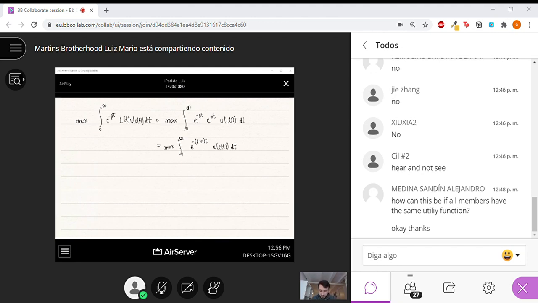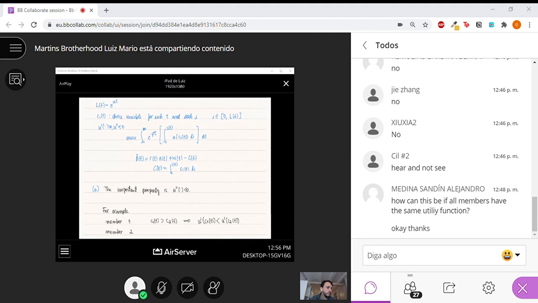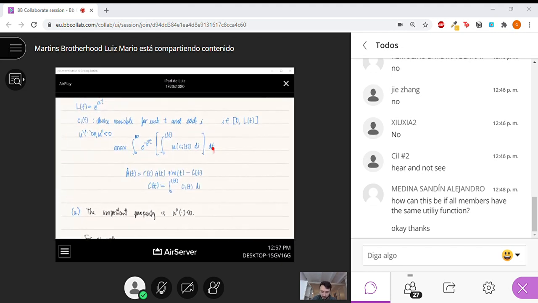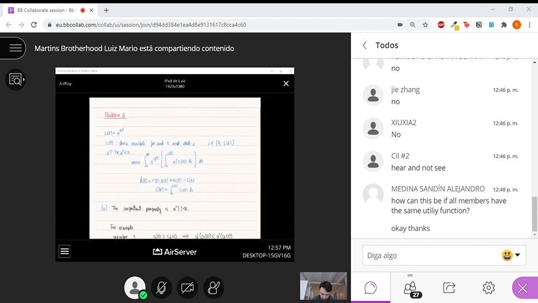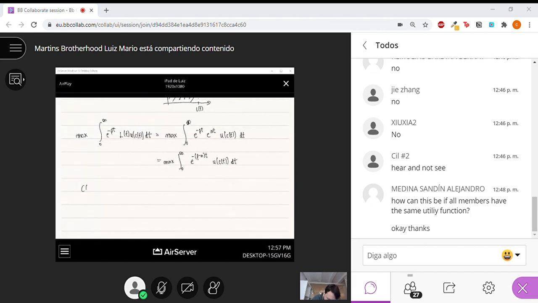Okay, and we have 3 objects. We already have solved this one, and then this one, CI only depends now on T, doesn't depend on I. So we can do the same here. CT is the sum of all the consumption of individuals, but this only depends on T, doesn't depend on I, so I can do this.